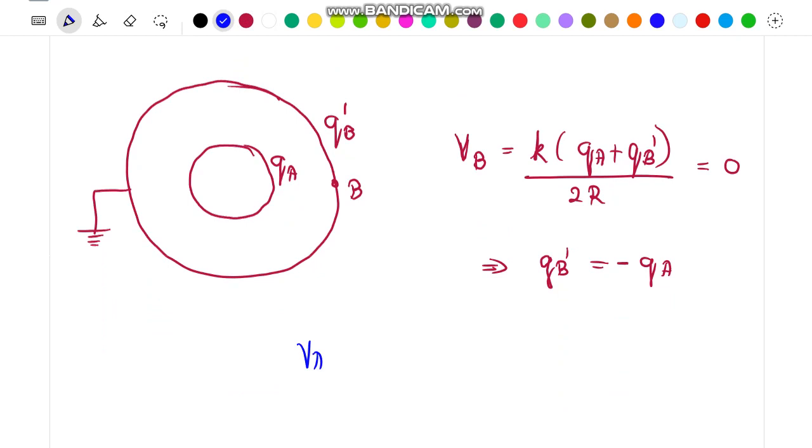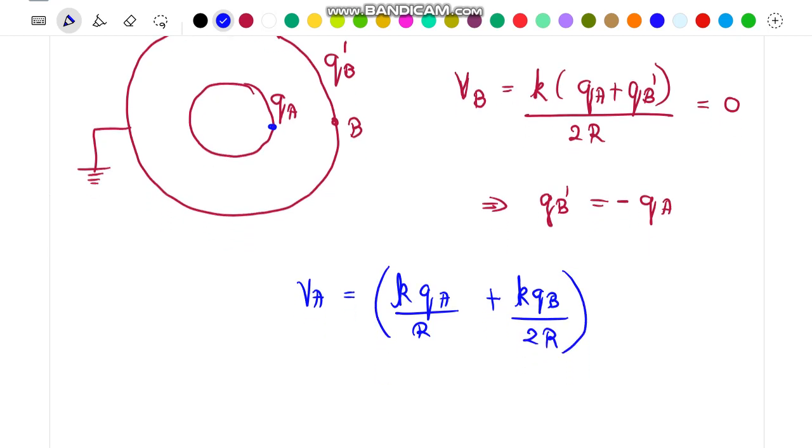Further, the potential of a point lying on the first sphere can be written as kQA prime by R plus kQB prime by 2R, where QA prime is equal to QA and QB prime is equal to minus QA.